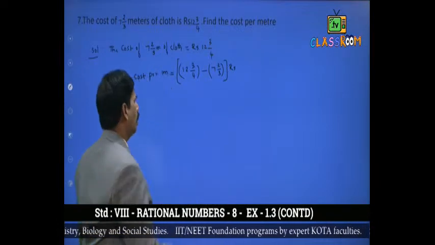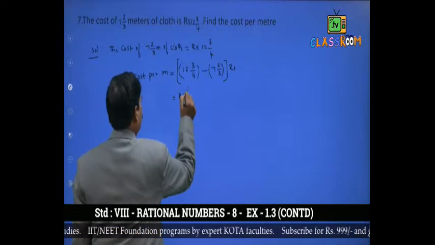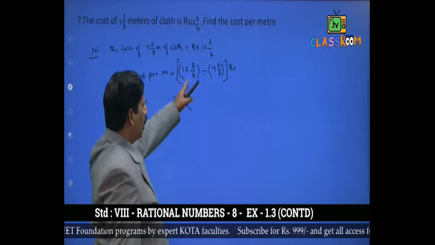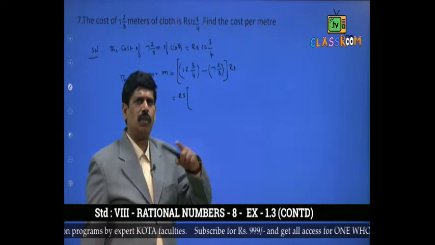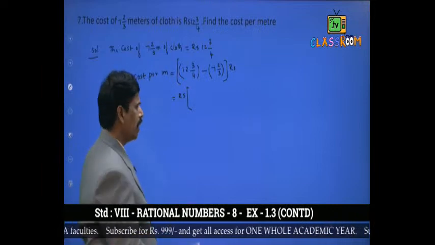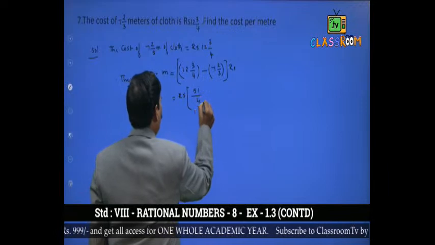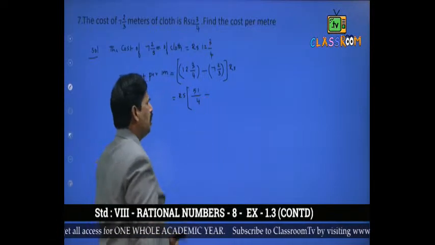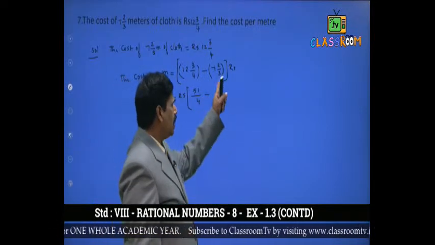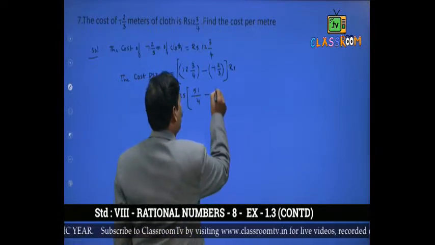So now this is equal to rupees. Now convert this mixed fraction into improper. 12 4s are 48, 48 plus 3, 51 by 4. Do the same thing here. 7 3s are 21, 21 plus 2, 23 by 3.